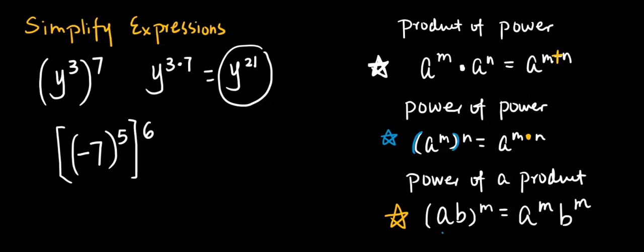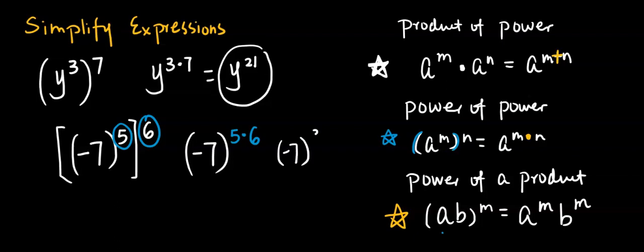Yes. You already have a power, you stay in the parentheses. Outside, you're giving another power. All right, we're going to keep the base. Remember, do not release it out of the parentheses if you're a negative number. We're going to multiply these two exponents. So 5 times 6, and we have the 30th power.